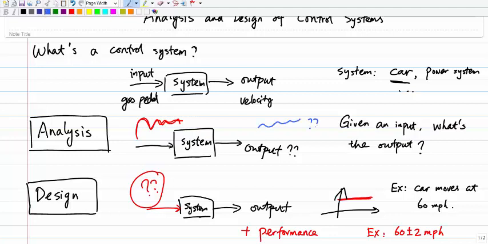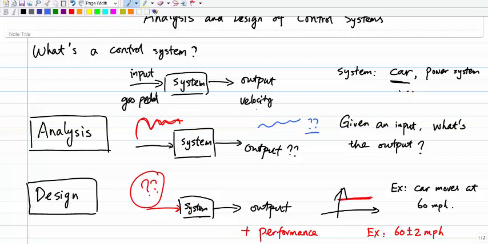For example, if I talk about a car, what if I hit the pedal? What kind of velocity do I get? How will the velocity change if I hit the gas pedal really hard or really soft? What is the response, or the outcome, of my system, which is the car?